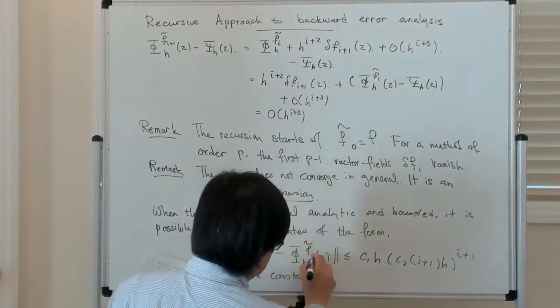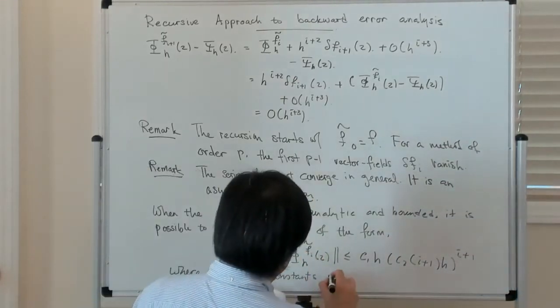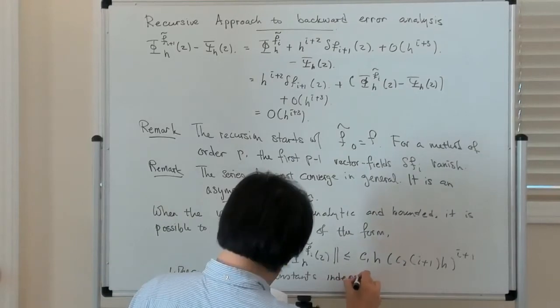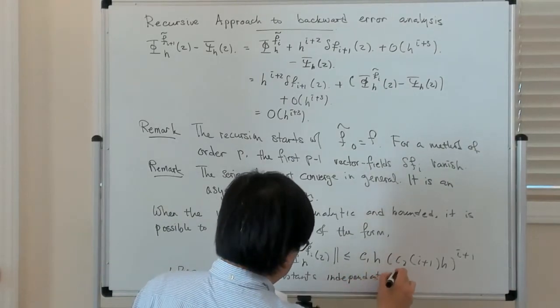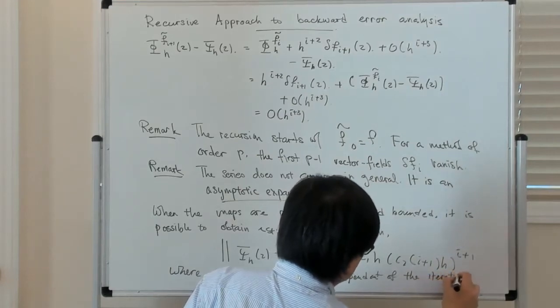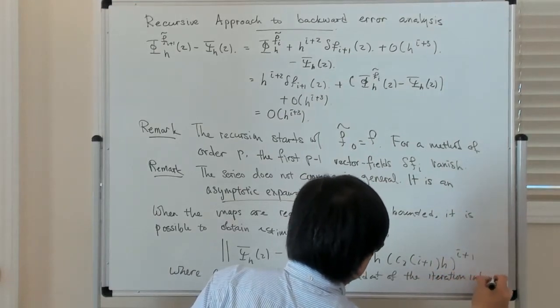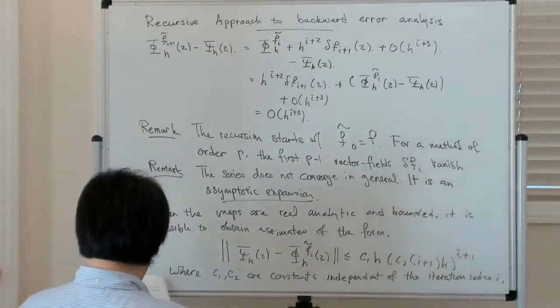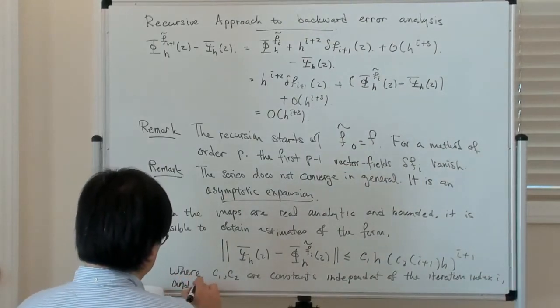I should say there's an f_I here, right? Independent of the iteration index I, and step size h.